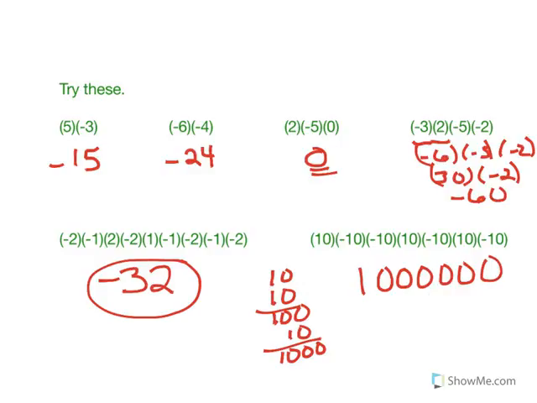Let me put another 0. 1, 2, 3, 4, 5, 6, 7 zeros. And let's see, how many negative numbers do we have? 1, 2, 3, 4. So it's positive. So that would be your answer. 10 million.